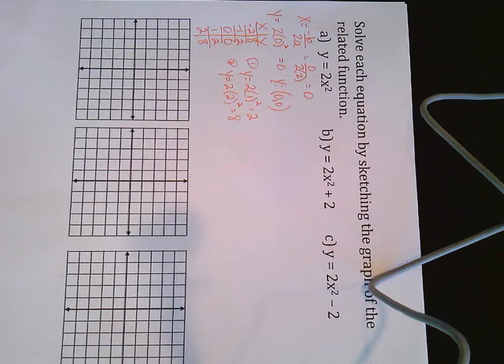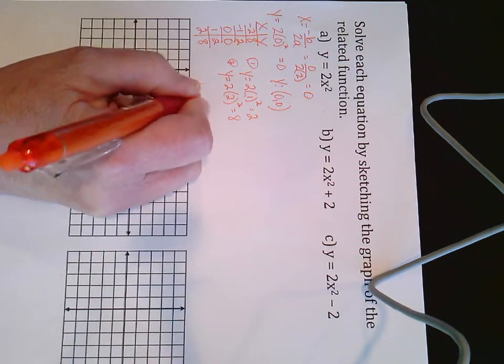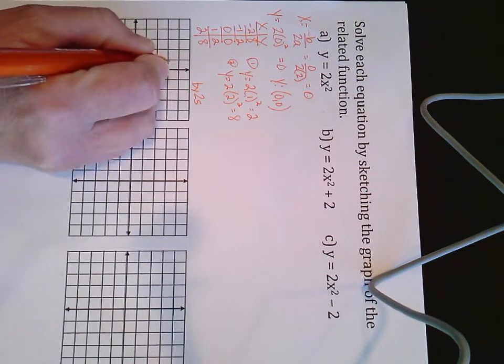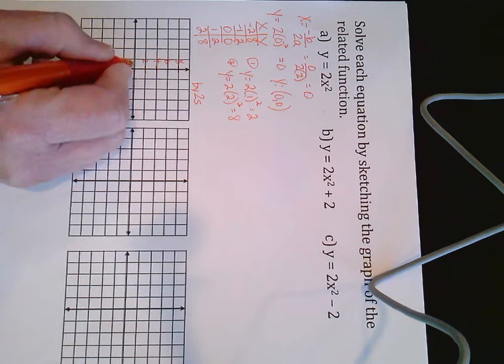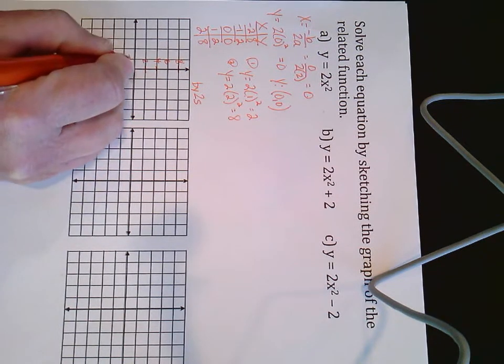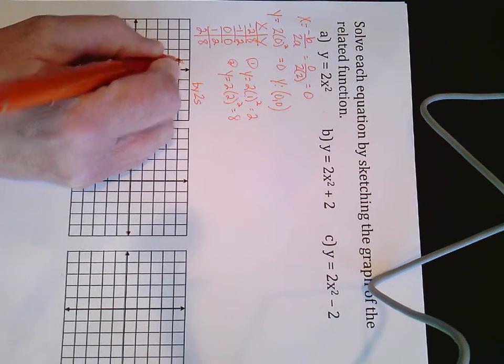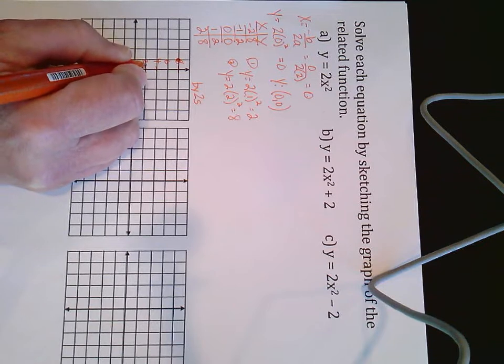And I only have 5 boxes here, so I'm going to change my scale to go by 2s. So it's 2, 4, 6, and 8. So if I graph these points, I have -2 and up 8, -1 and up 2, and (0, 0).